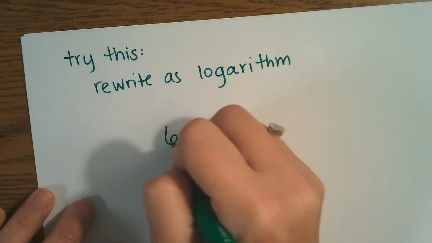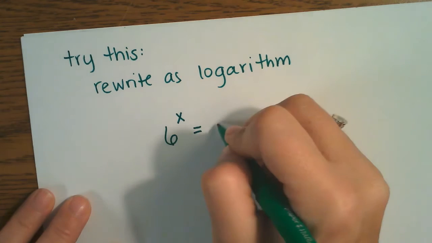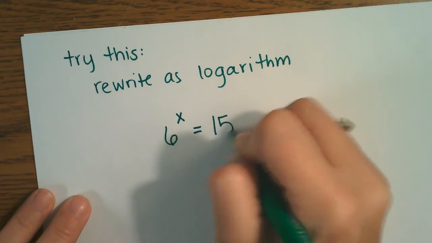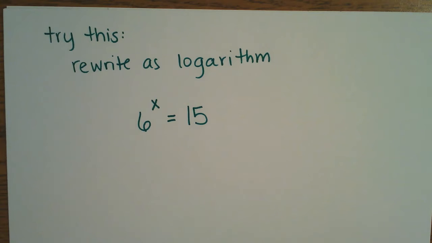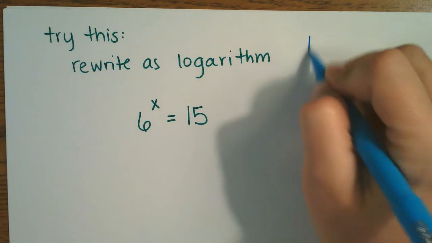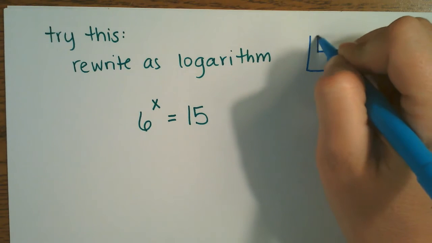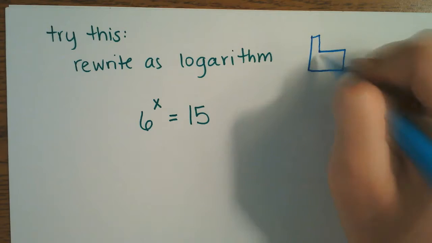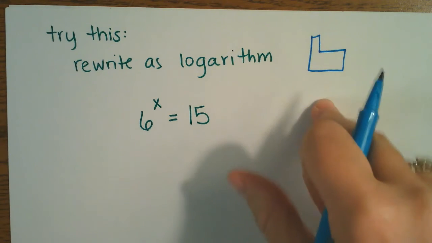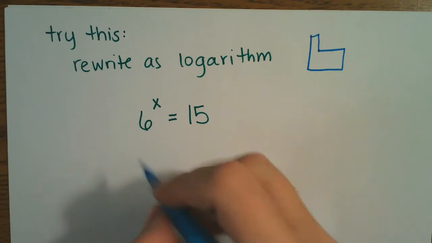Let's do 6 to the x equals 15. So I try to think of this as an L shape. I know it kind of looks like a G, but this is the shape I'm making to rewrite it as a log.